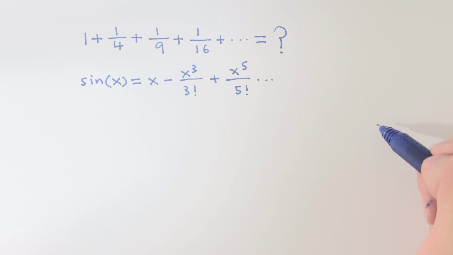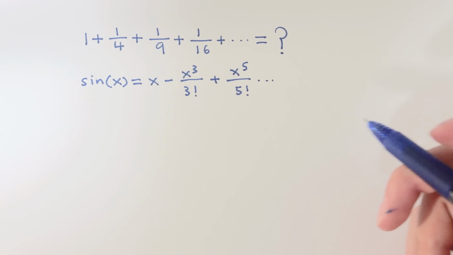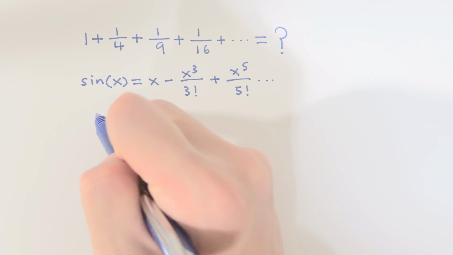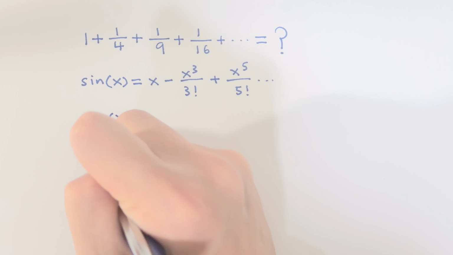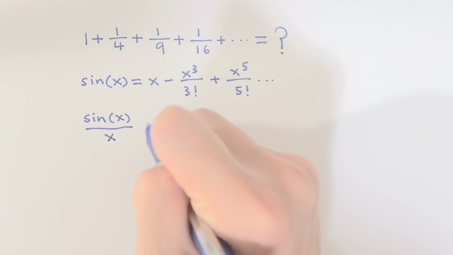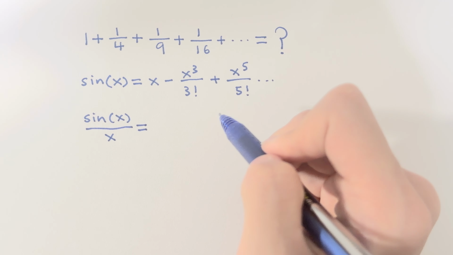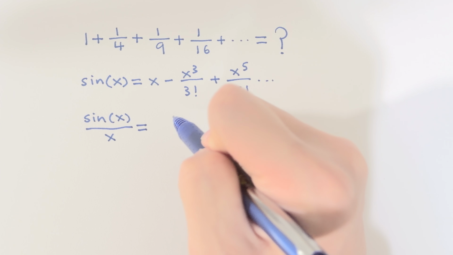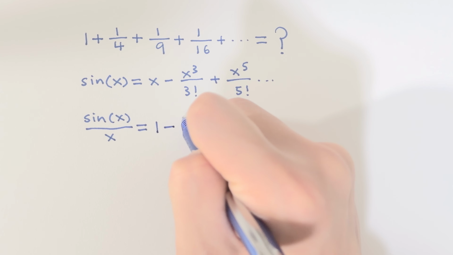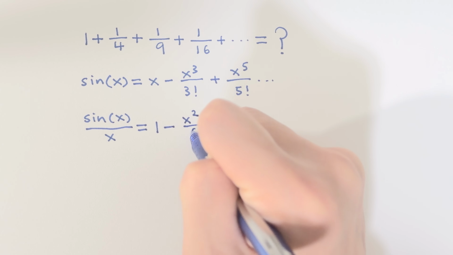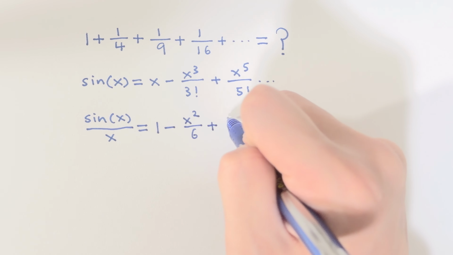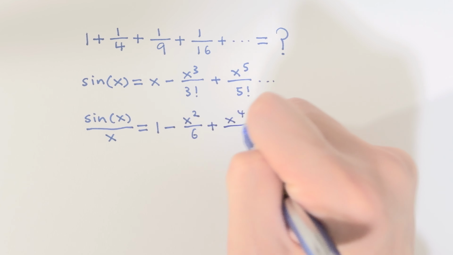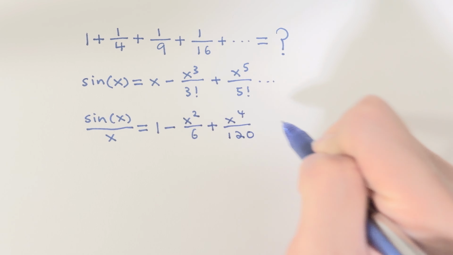Well, he divided everything by x to get a function that equals 1 when x is 0. You can see that sine of x divided by x is equal to 1 minus x squared over 6 plus x to the power of 4 over 120.